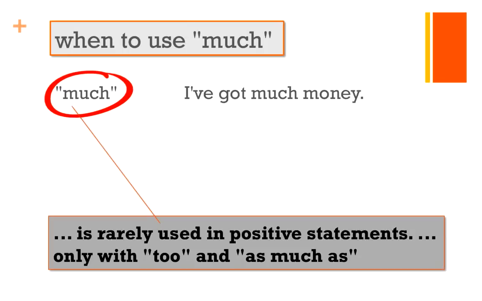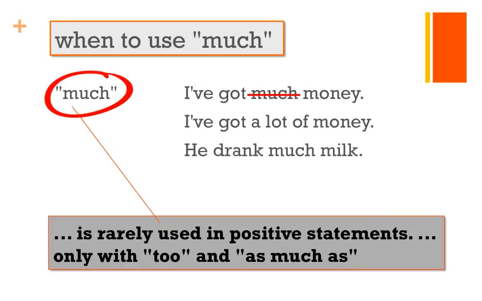You don't want to say, I've got much money, because it's a positive statement and we don't use much in positive statements. At least we rarely use much in positive statements. You want to get the much out of here and you want to put in a lot of. So don't say, I've got much money, say, I've got a lot of money.